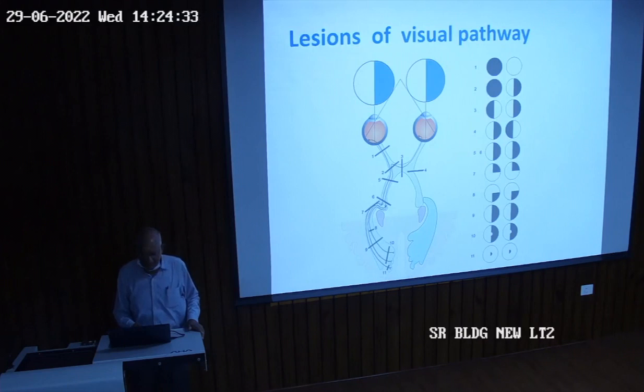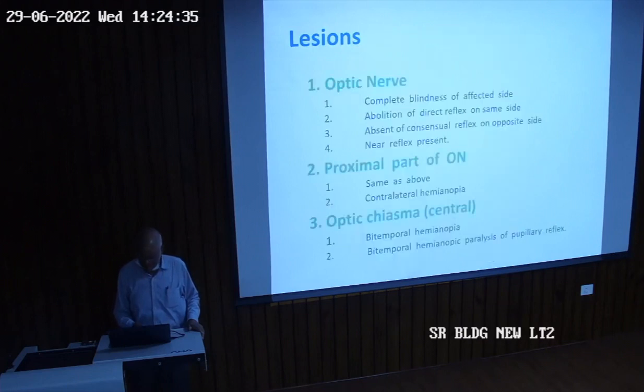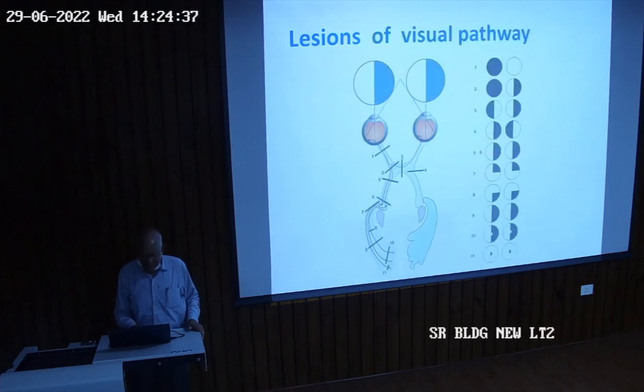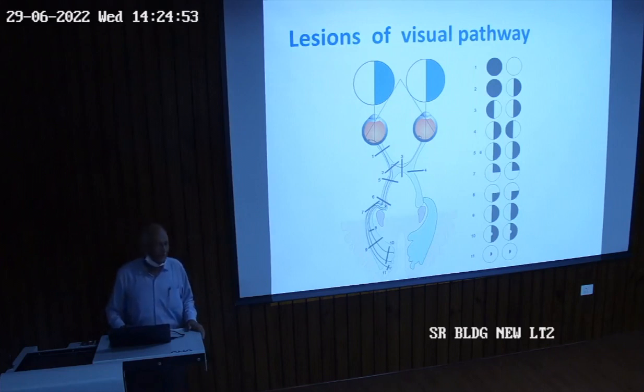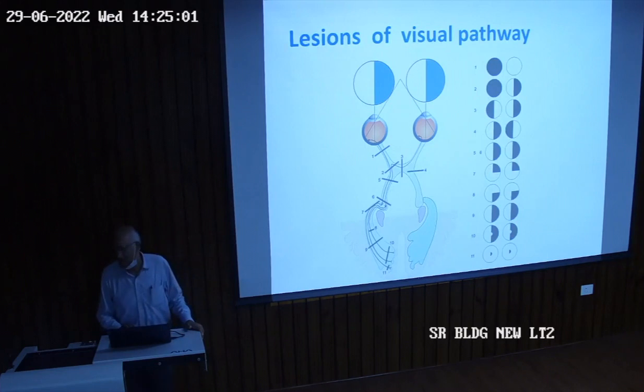And lower down, if the lesion is here at the optic cortex, there is a sparing of the macular fibers on both sides. Why is it so? If the lesion is at the optic tract, macular fibers should be involved; there should be loss of macular fibers also. But because the macula is supplied bilaterally by the posterior cerebral artery, one lesion will not affect the macula; it will be spared.